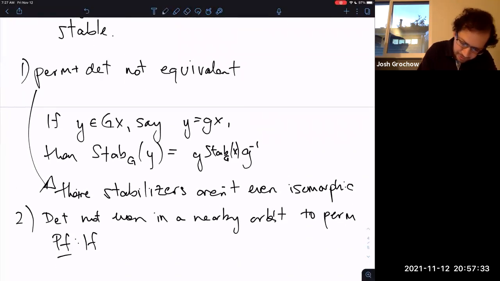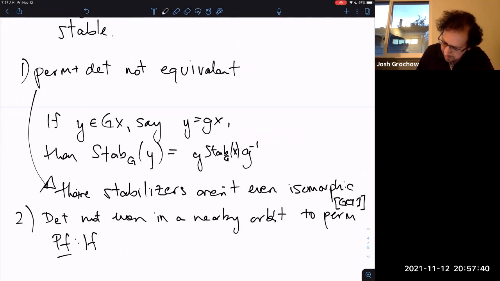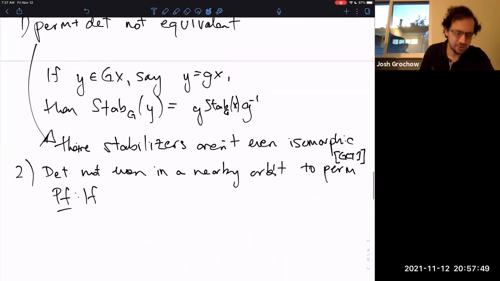Oh, and I should say, now we're into territory that's a little less background. I don't think it's stated as a theorem in GCT1, but it's certainly discussed in GCT1, which gives background to this notion of partial stability. So, determinant not even in a nearby orbit of the permanent.